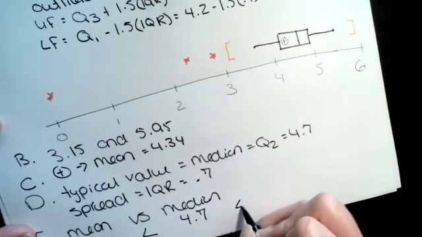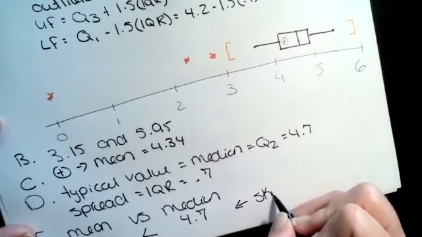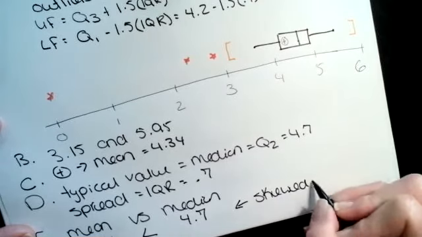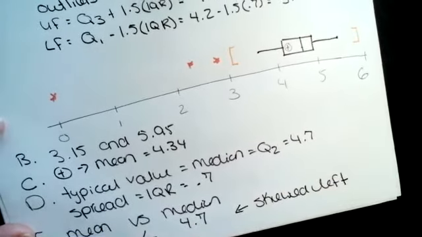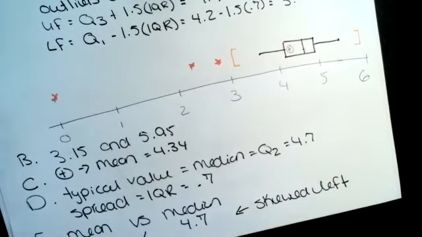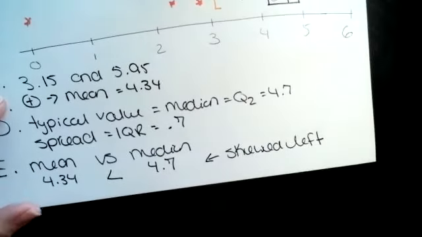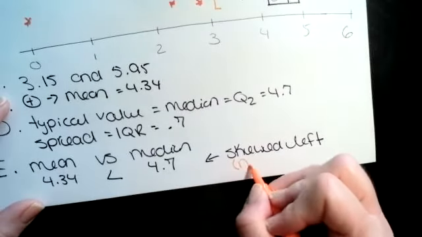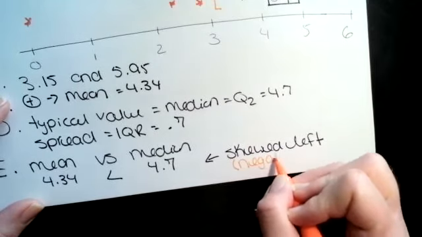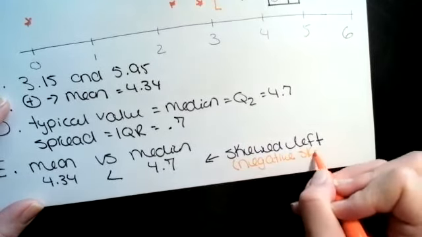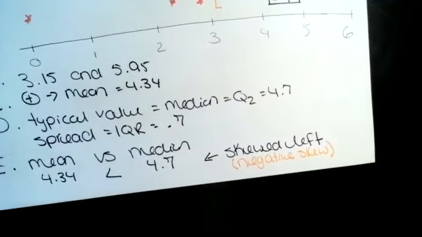So this is a skewed left data set. Okay? Or we could call this a negative skew. Just another term, just another way of writing it. Okay. So that answers all my questions for number 3.